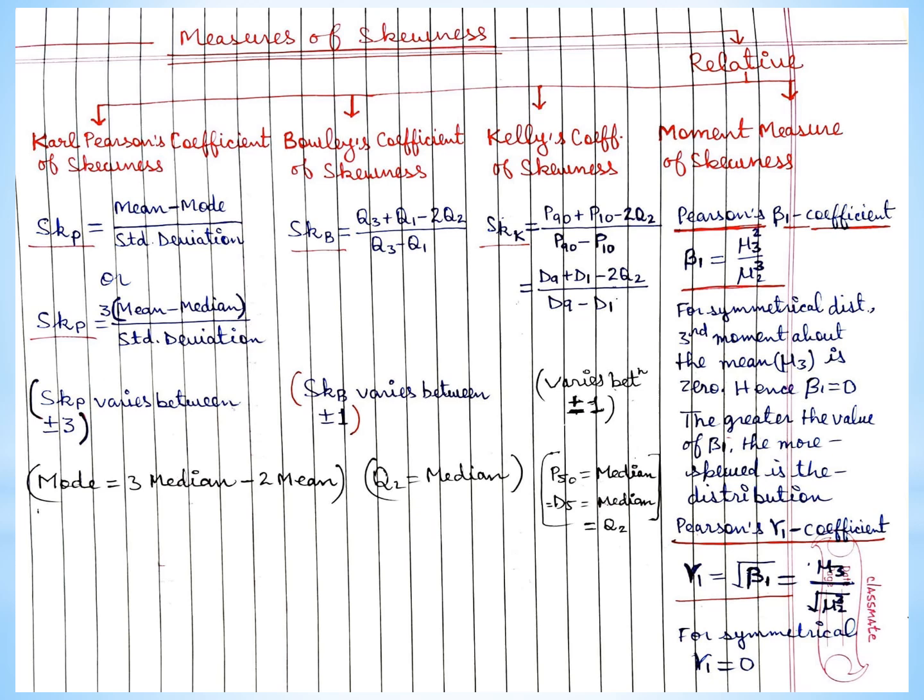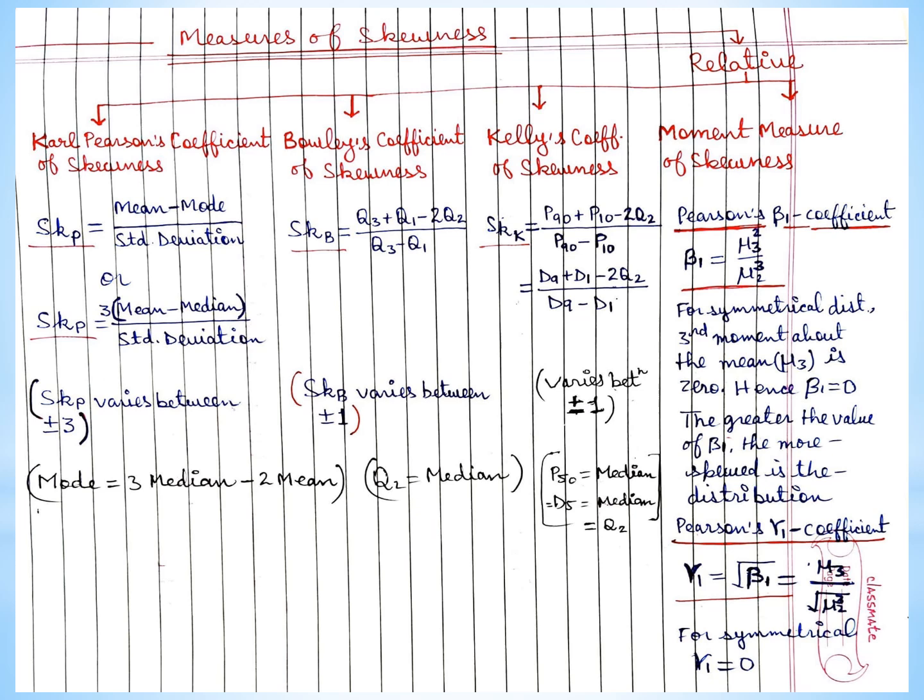They don't have any statistical unit. So, in relative measures of skewness, we have four methods. First is Karl Pearson's coefficient of skewness. Second is Bowley's coefficient of skewness. Third is Cayley's coefficient of skewness. And fourth is moment measure of skewness.